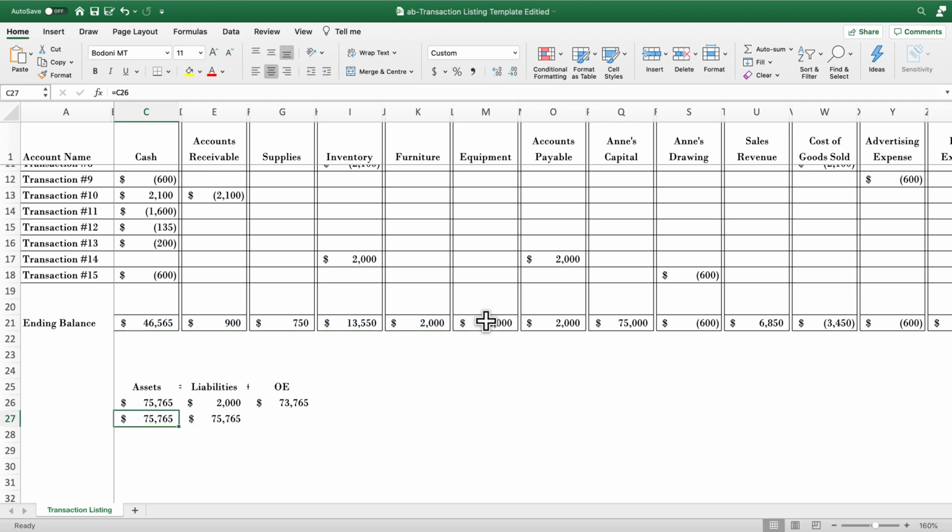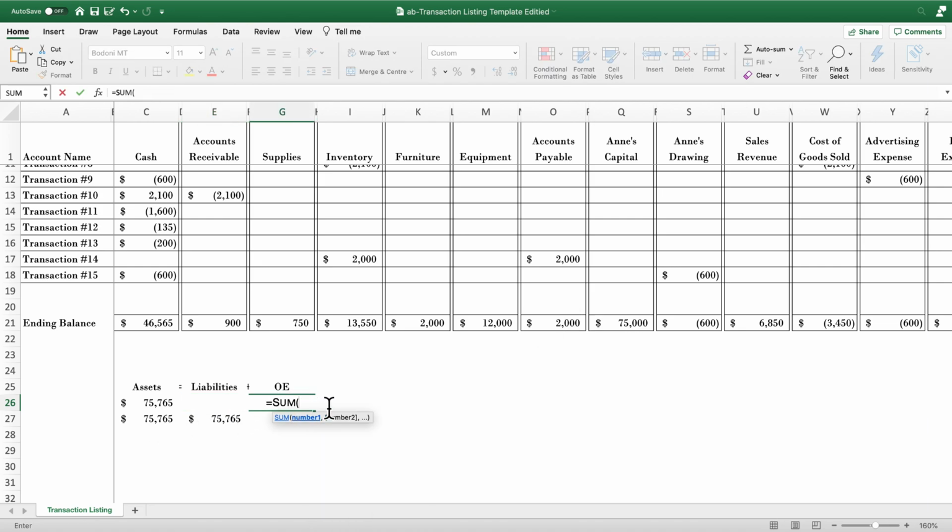And when we hit enter, they equal $75,765. Now our liabilities are only this accounts payable here of $2,000, and our owner's equity equals sum of all of these owner's equity accounts.